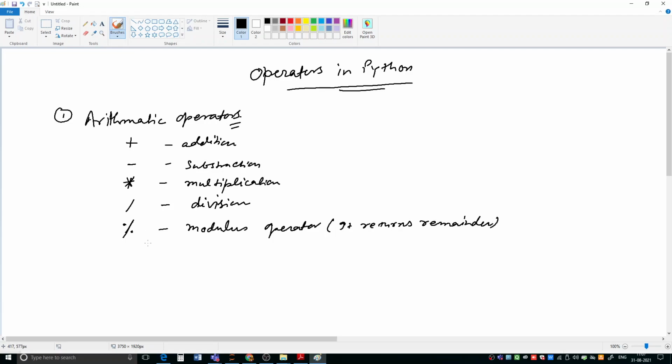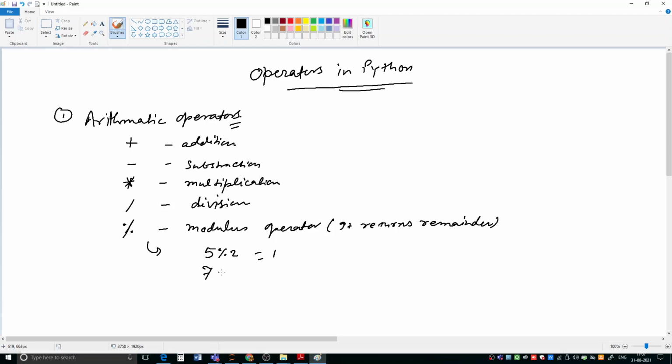Let me explain it. Suppose you are writing 5 percentage 2, it returns the remainder. 5 will be divided by 2, and what will be the remainder? That will be the value of 5 percentage 2. If you are dividing 5 by 2, the remainder should be 1.